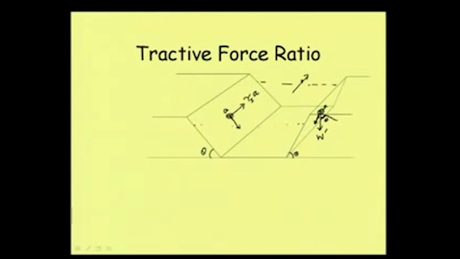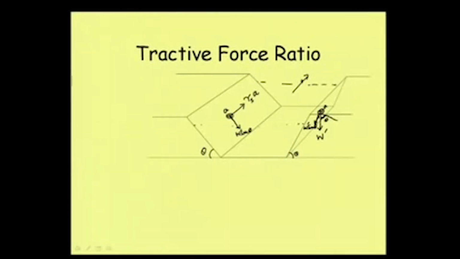That particular force we can write as W sin theta. These two forces are acting, W dash sin theta and tau s A. So what are the net forces acting on this particular area to disturb this sediment?